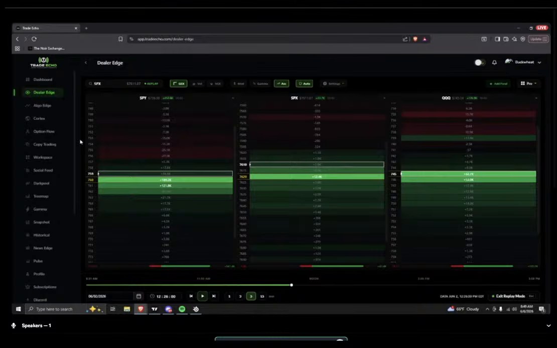It's just a positioning map. It shows us exactly where dealers are forced to hedge, where price may react, and where movement can speed up, slow down, or stall, and we use it as confluence. We're not here to use it as a buy or sell signal. I'm going to keep saying that over and over because a lot of people often mistake it.